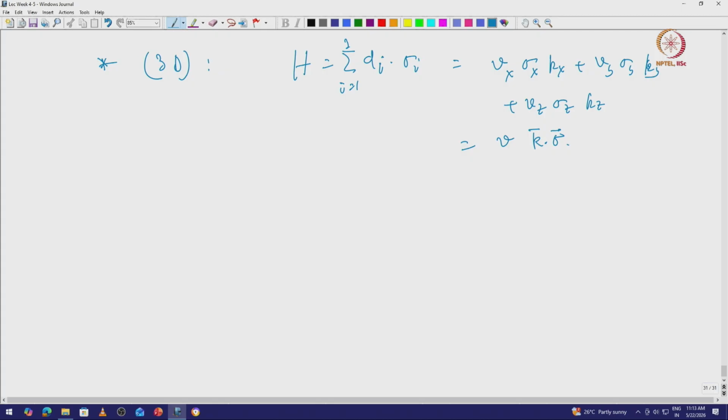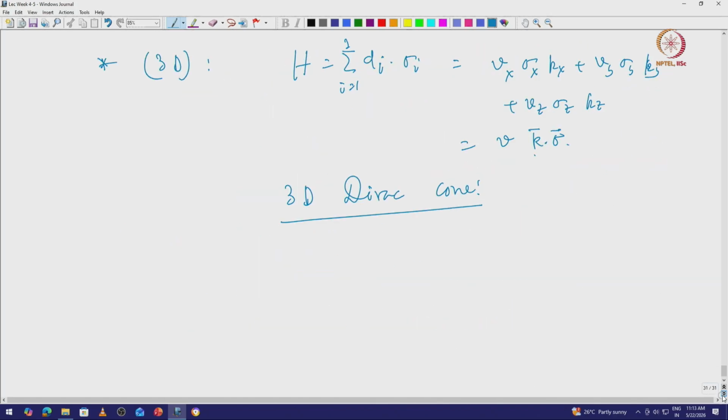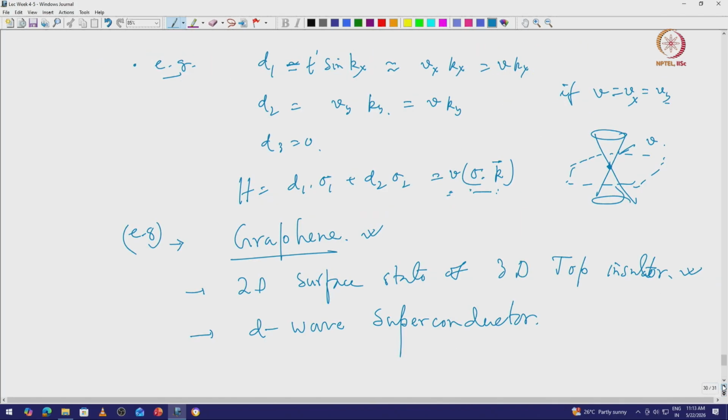So, this will give us a 3D Dirac cone. It is linear along all three directions. So, symmetry then has to allow us to have this term vanish, then only the odd term will appear. So, the leading term will be linear, and as you move away from the Dirac cone, the k cube term and all will appear.